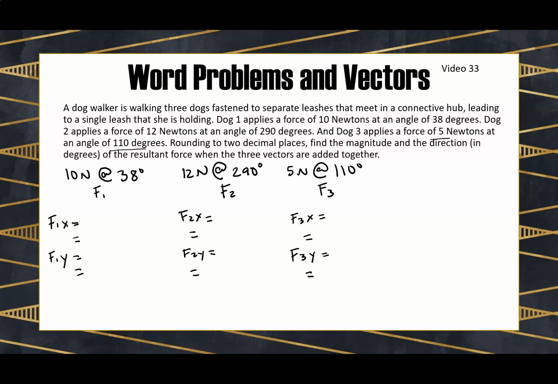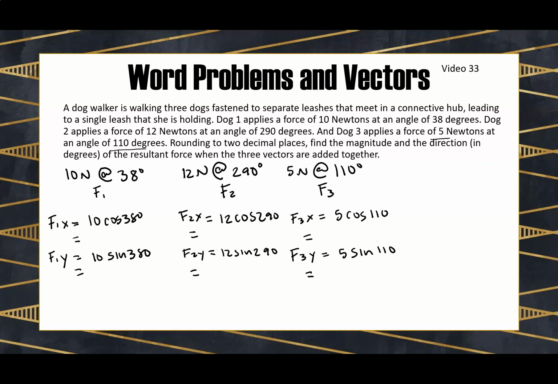Okay, let's do this. So this is going to give me 10 cosine 380, and then this one's going to give me 10 sine of 380. This one is 12 cosine 290, and then this one is 12 sine 290. This one is 5 cosine 110, and then this one is 5 sine 110.